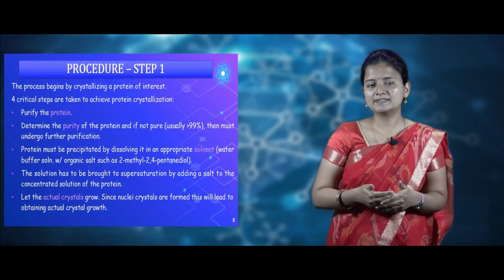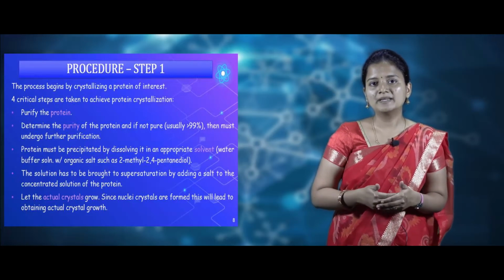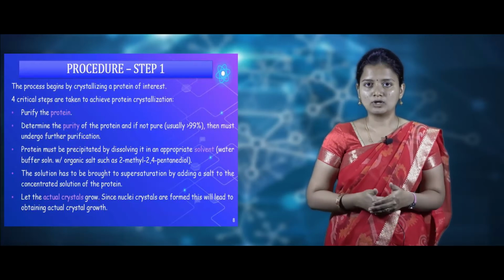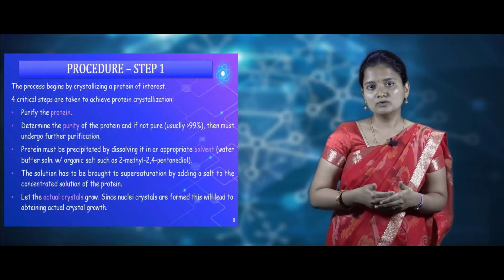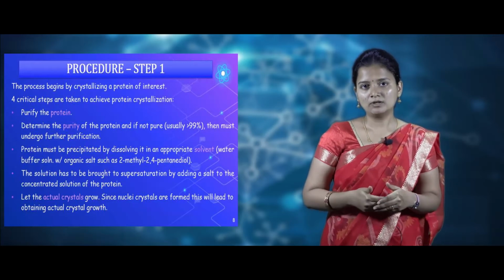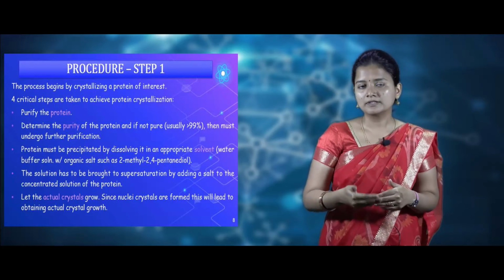Supersaturation is a condition where the concentration of a solution is greater than the solubility of the solute in the particular solvent. Supersaturation can be achieved by using appropriate salt solutions, so you have to use an appropriate salt to make your protein supersaturated. Then comes the actual crystal growth.